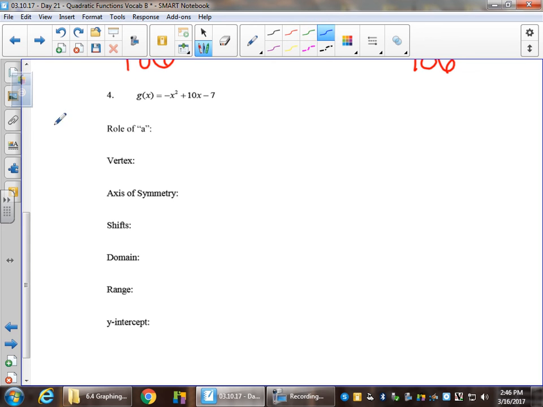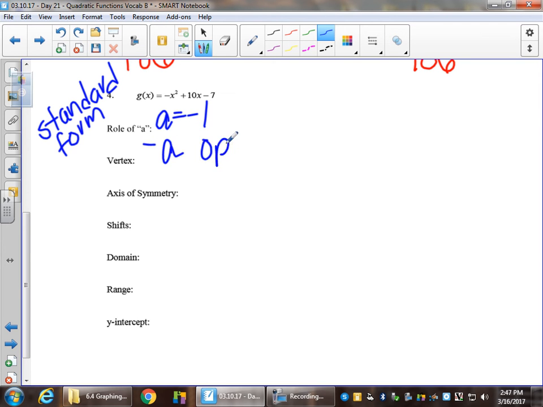This equation is in standard form. Our A is a negative 1. A negative A opens down.